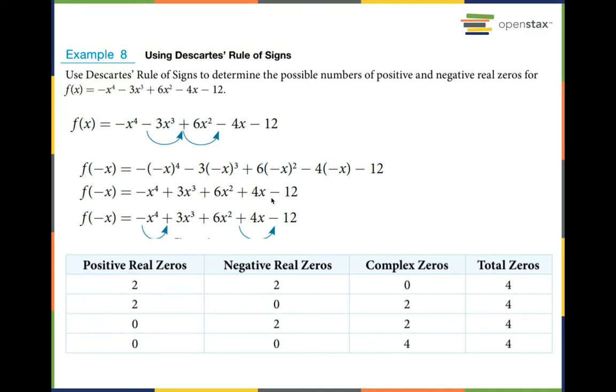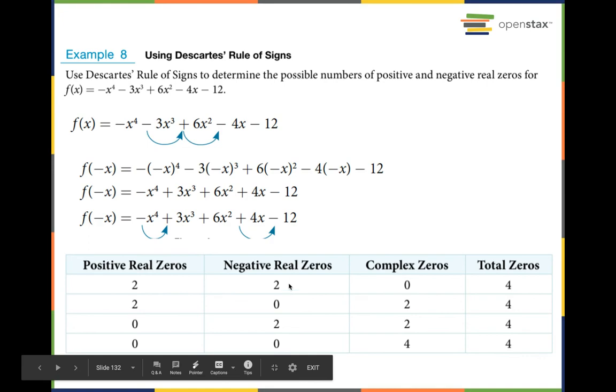Take a minute, you can pause the video and see how they got from here to here. Once you've done that work, again we just look: negative term to a positive term, that's a sign change. Positive to positive, not a sign change. Positive to positive, not a sign change. Positive to negative, yep, that's a sign change. So this has two sign changes, so the possibilities are either 2 or 0 negative real zeros.